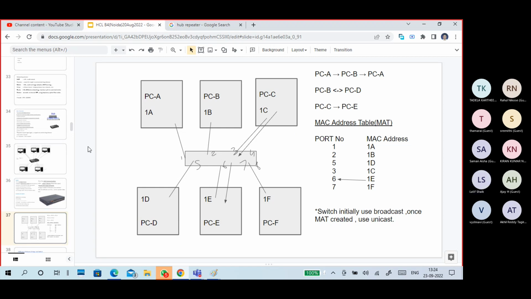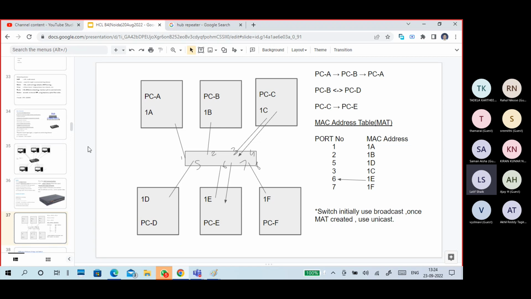Initially, the switch acts like a hub, meaning it broadcasts, but when devices communicate with each other, the switch learns the MAC addresses of the devices and maps them to the connected port numbers.